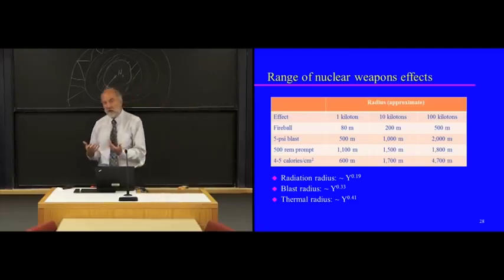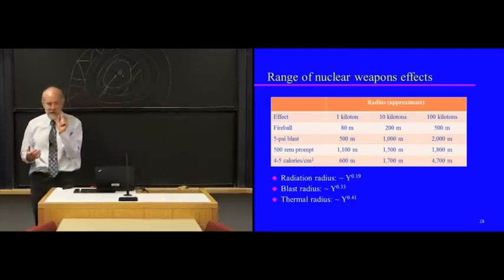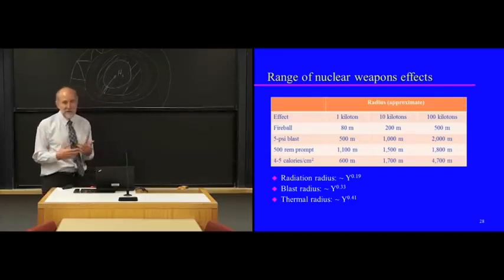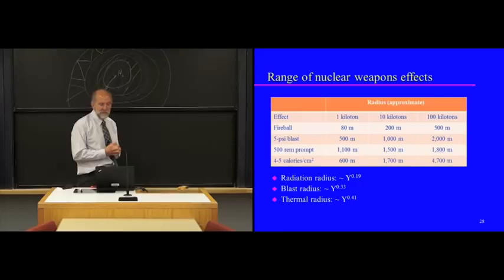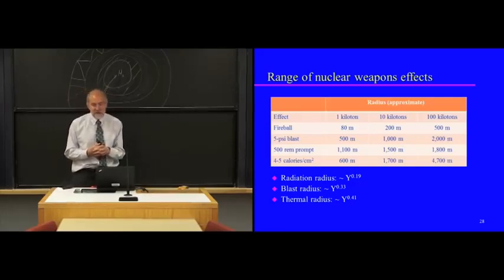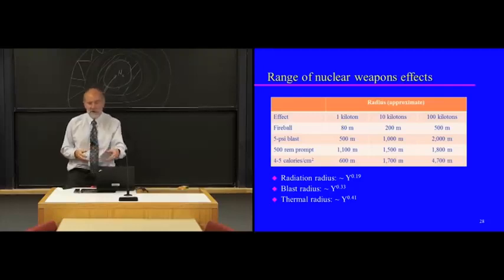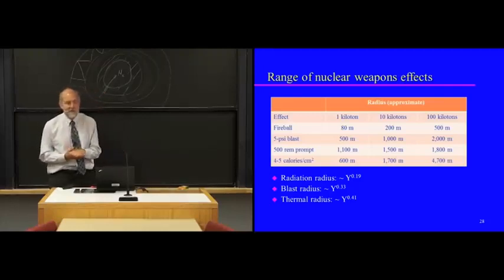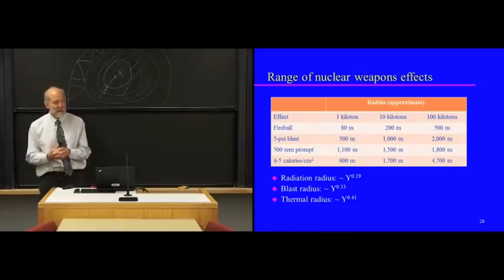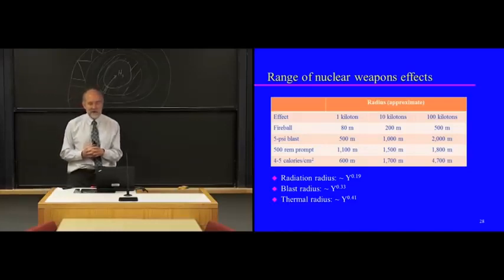But the radiation radius scales at a much smaller number. So that means that for small bombs, the radiation is more important than it is for big bombs. For big bombs, other things become more important, as you see here. So the prompt radiation in the case of a 1 kiloton bomb, a small nuclear bomb, actually extends further as a potentially lethal effect than any of the other effects.